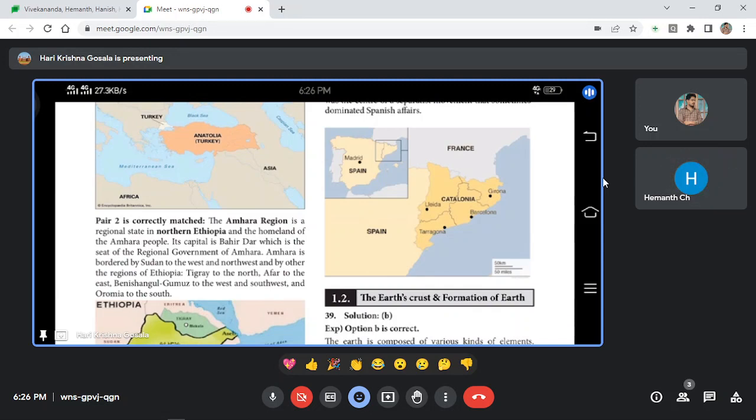The Amhara region is the regional state in northern Ethiopia and the homeland of the Amhara people. Its capital is Bahir Dar, which is the seat of regional government of Amhara. Amhara is bordered by Sudan to the west and northwest and by other regions of Ethiopia.